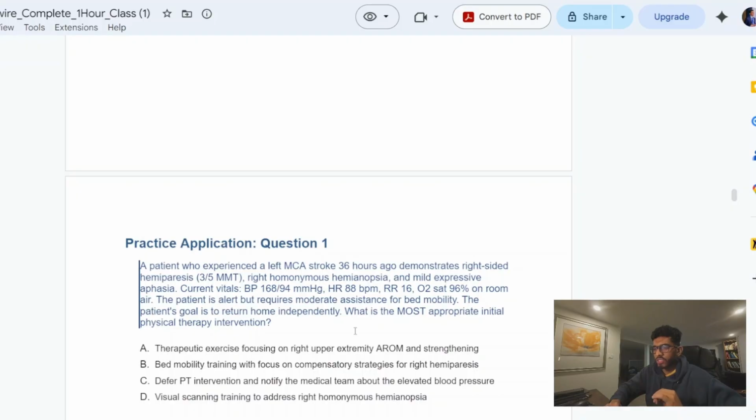The patient is alert but requires moderate assistance for bed mobility. The patient's goal is to return home independently. What is the most appropriate initial physiotherapy intervention?